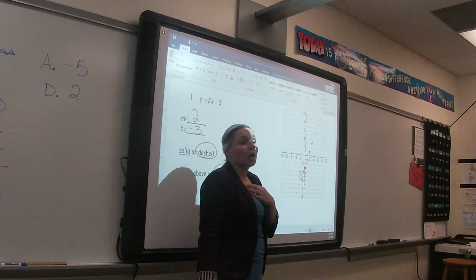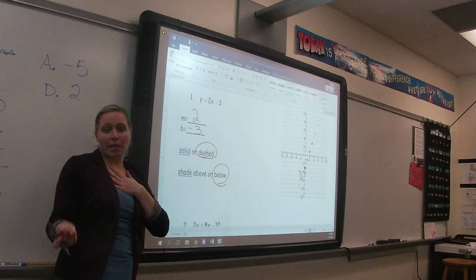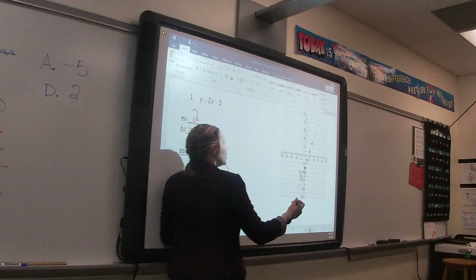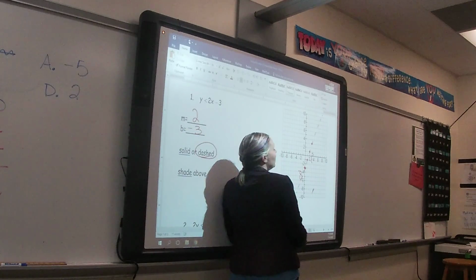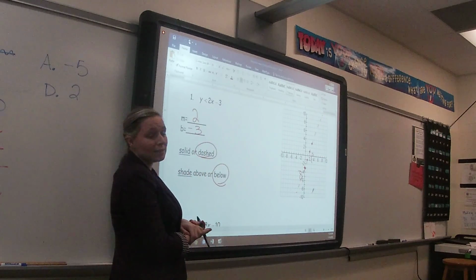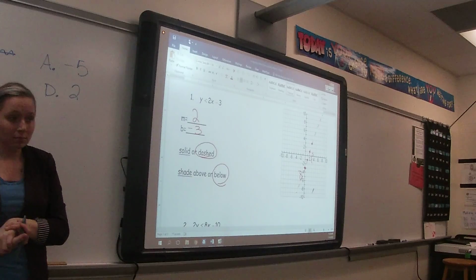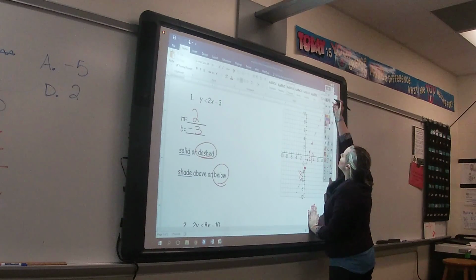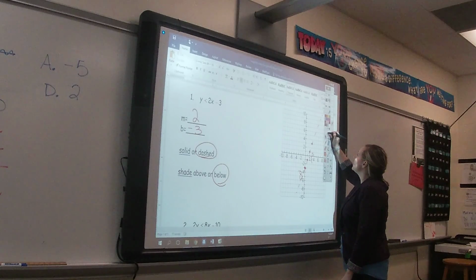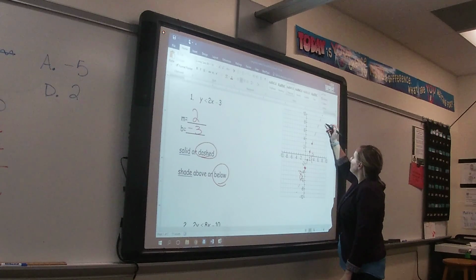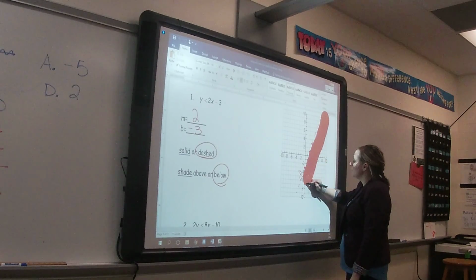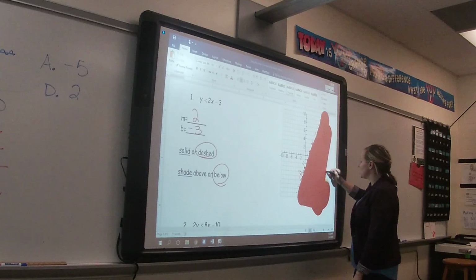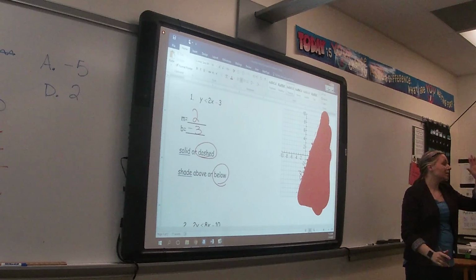When we shade below, we want to find a nice happy medium here. We don't want too little. I will give you points, that is correct on this test, but you will not be happy in the long run. So we don't want to shade too little. We also do not need to take every single ounce of our pencil lead and make it this solid blob either. That's too much.